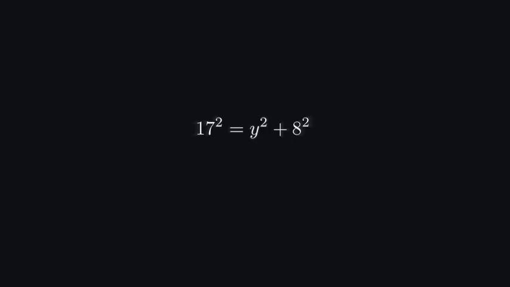Substitute the known side lengths. 17 squared equals y squared plus 8 squared. 289 equals y squared plus 64. Y squared equals 289 minus 64.